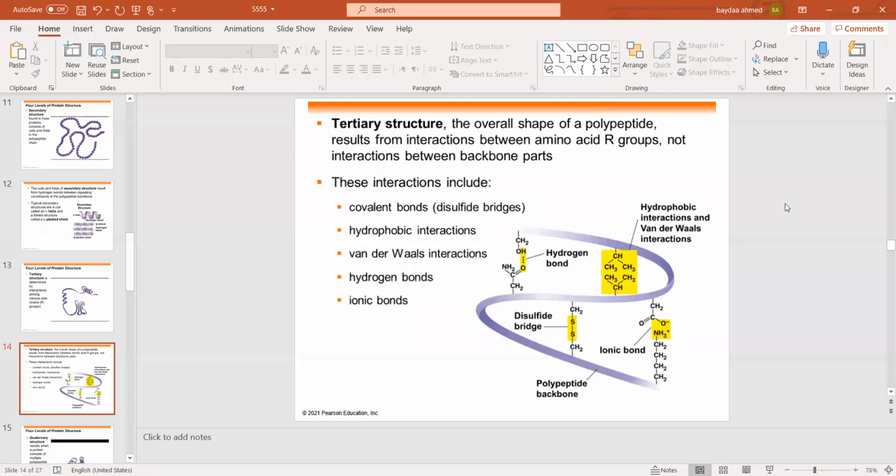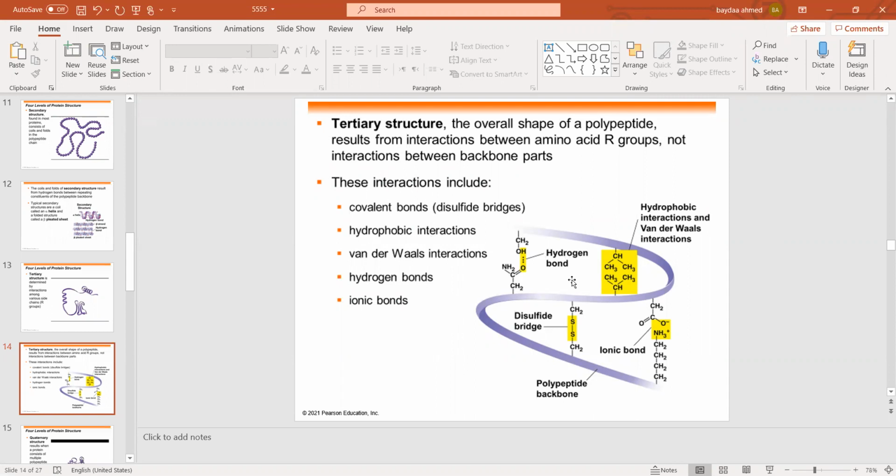The interactions between the side chains involve several types of bonds. We have covalent bonds, hydrophobic interactions, van der Waals interactions, hydrogen bonds, and ionic bonds, depending on the R chain or the side chain of the amino acids.